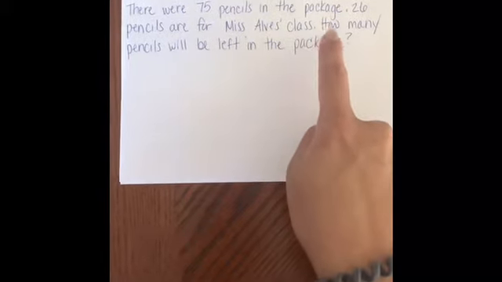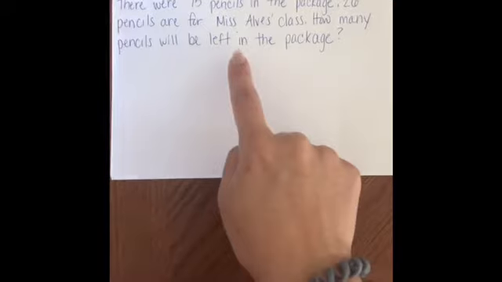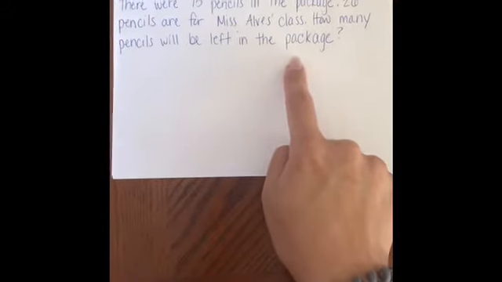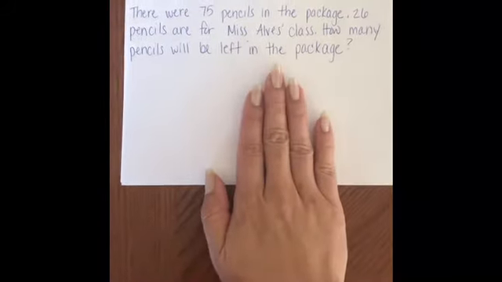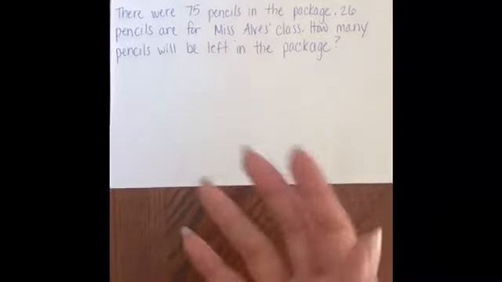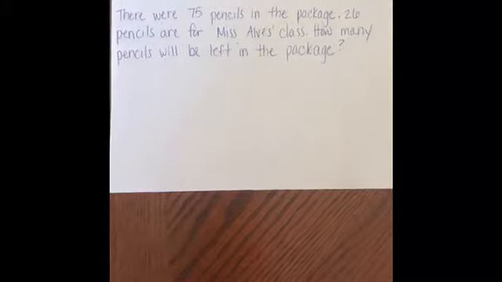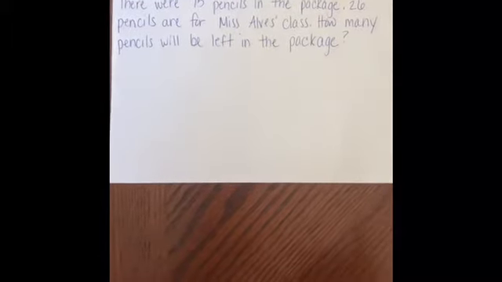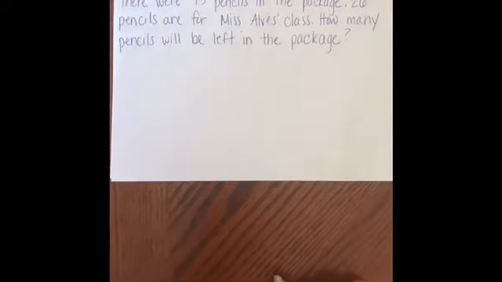And we want to know how many pencils will be left in the package. So if I have 75 in the package, and 26 of them are going to Miss Alves' class, I can take those out of the package, which means I'm subtracting, and then I can find what's left.